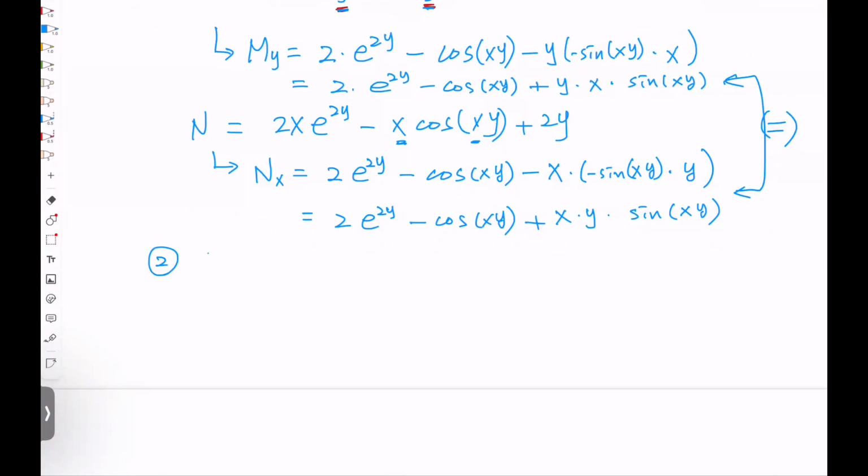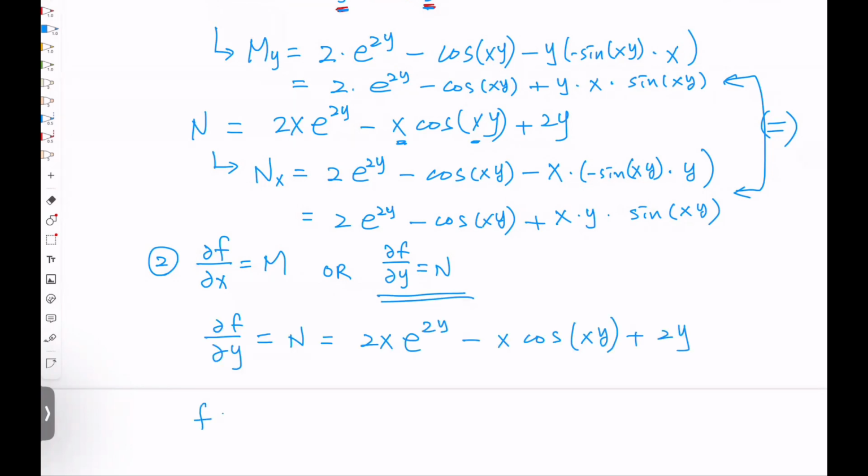Then number 2, we have a choice: either the partial derivative in terms of x equals M. That's what we did in the first problem. The second choice we could do is the partial derivative in terms of y equals N. Just for this problem, we're going to do this.